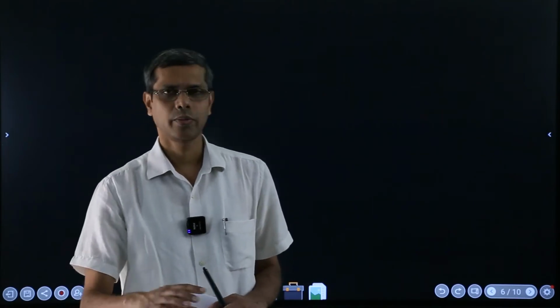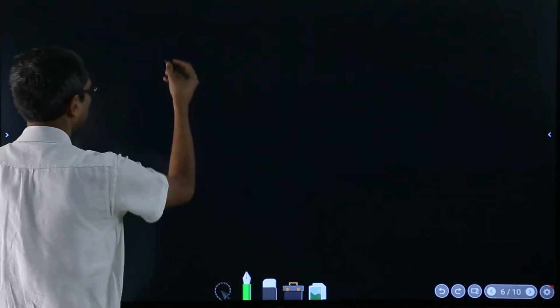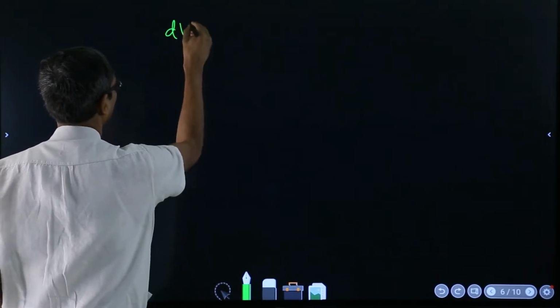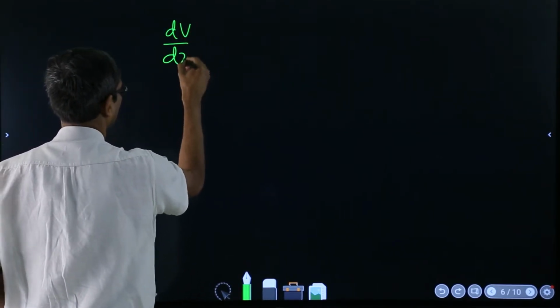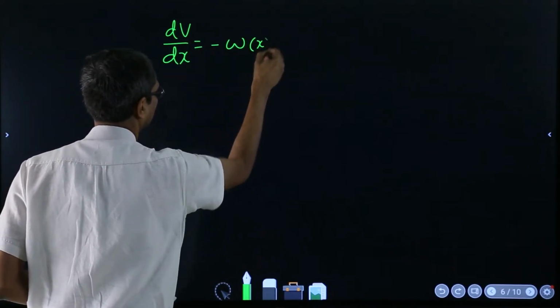In the last segment we talked about the relationship between the weight applied onto a beam, the transverse load, and the resulting shearing force and bending moment. We came up with the relationship that dV over dx is dependent on x.